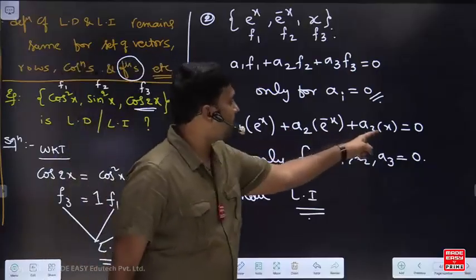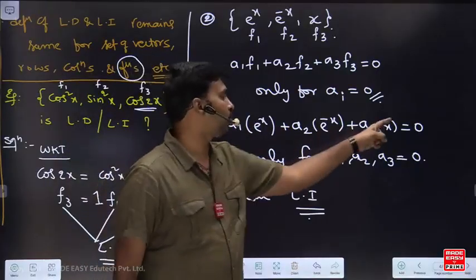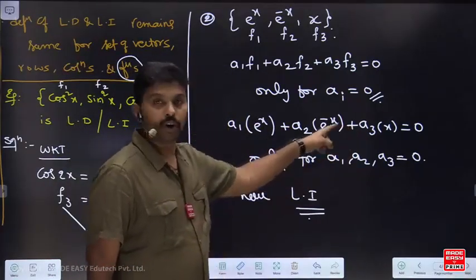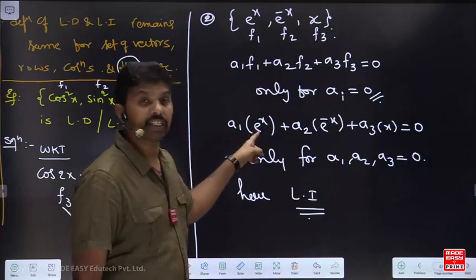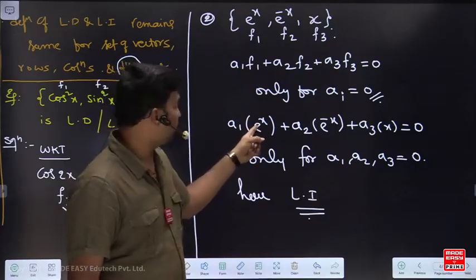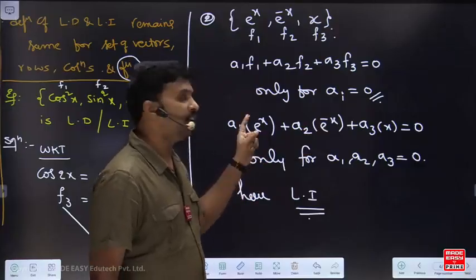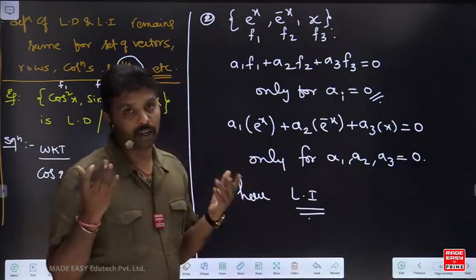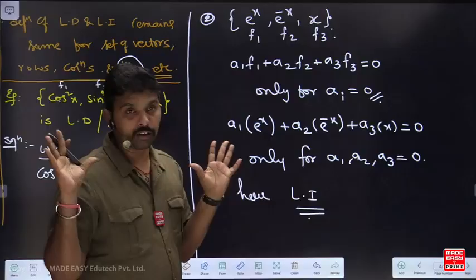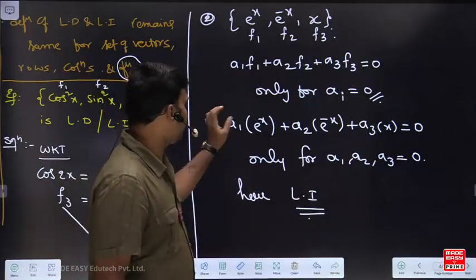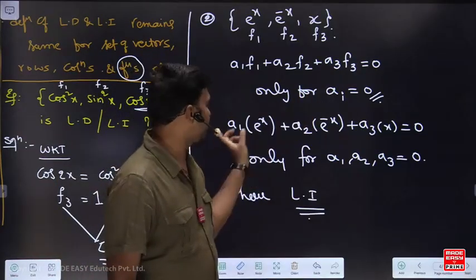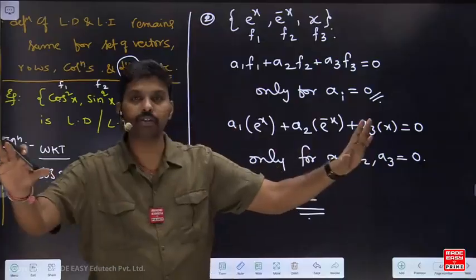So this cannot be 0. It will never give 0, you won't get 0 at all. Do you know the expansion of e power x? See, this e power x and this e power minus x will be the same only for x equal to 0, but not for 1, 2, 3 and 4. So the general e power x and general e power minus x, this linear combination can never be 0 here.